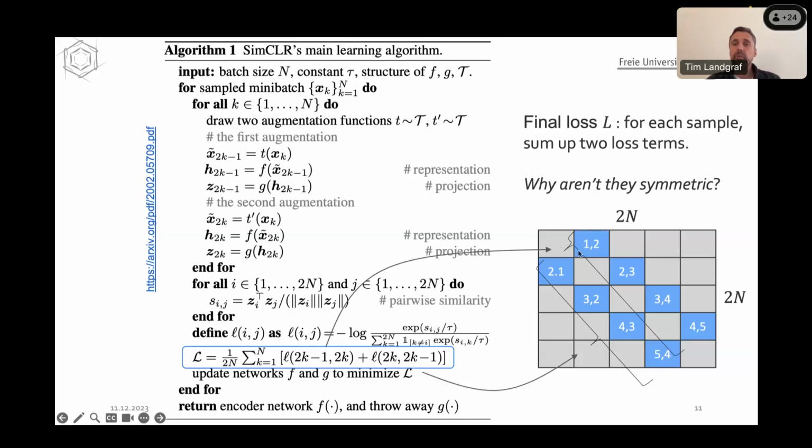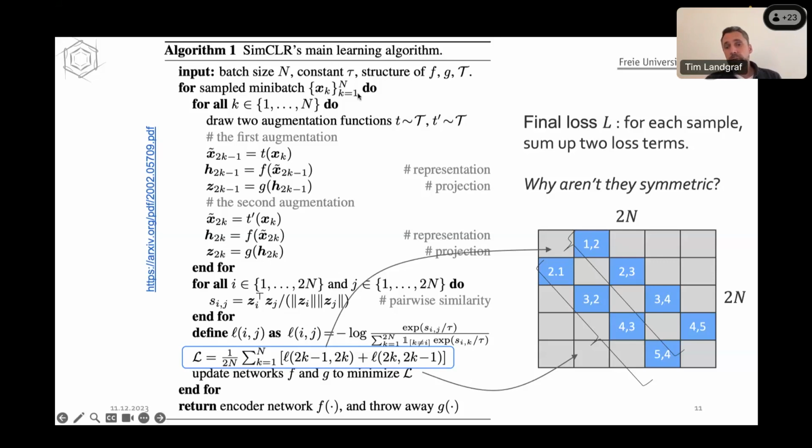And these two you can imagine as being from the same picture, right? We put them always next to each other. So the first two are the two augmentations of the same image. Then the next two are the augmentations of the second image, and so on.